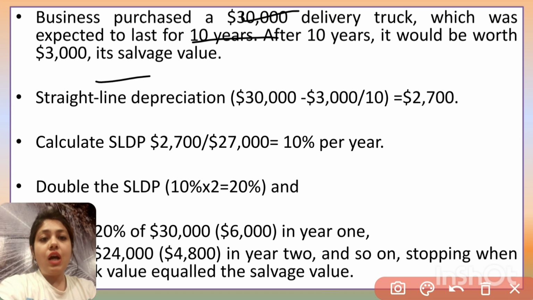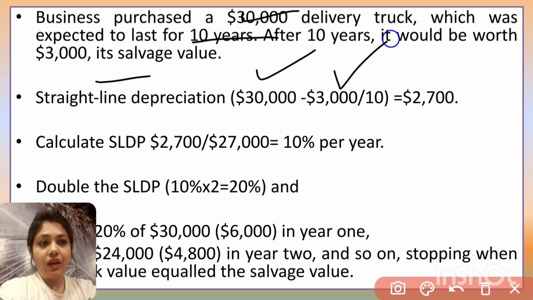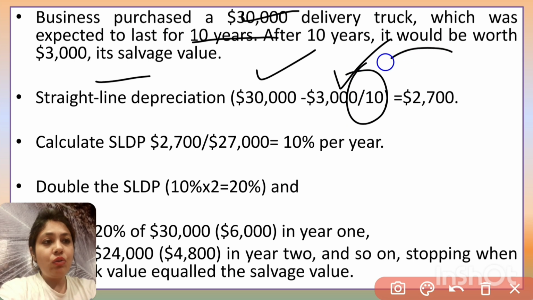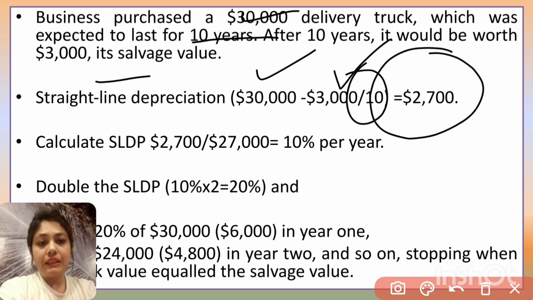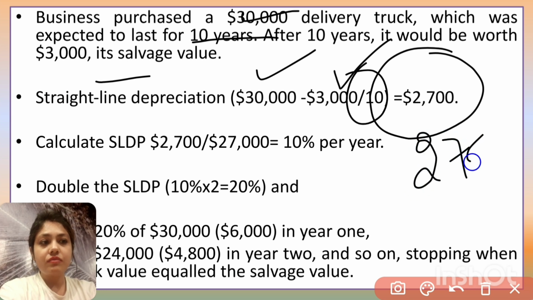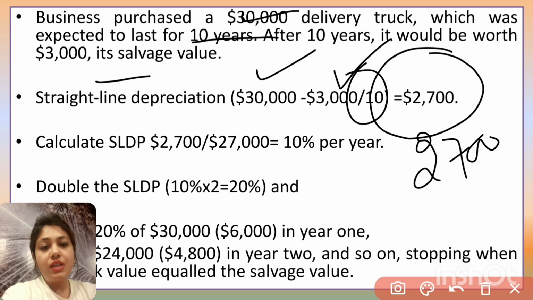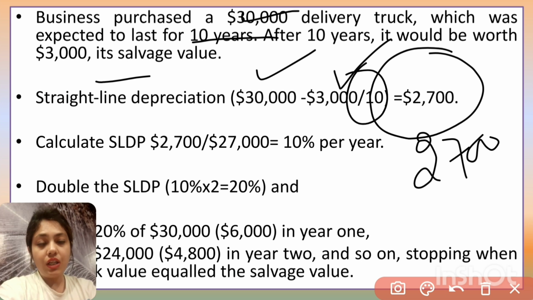Now under the straight line depreciation, how do we compute? Cost 30,000 minus salvage value, divided by the useful years of the asset. So the amount of depreciation under the straight line method comes out to be 2,700. Now I have to compute the rate of depreciation. For computing the rate of depreciation, what have I taken?